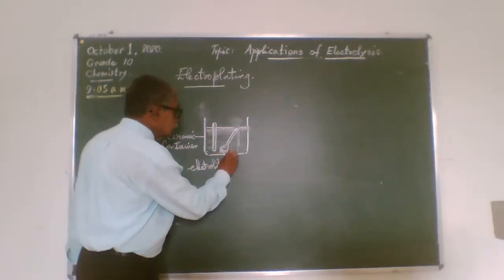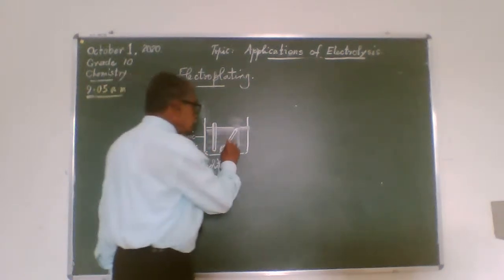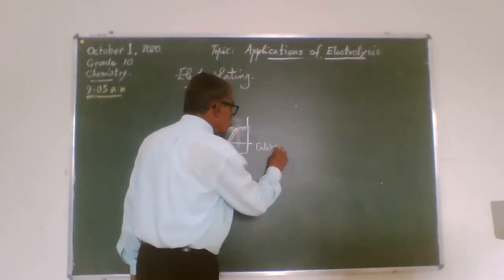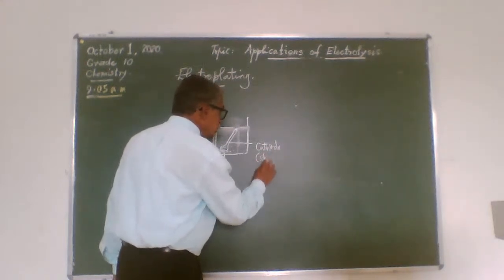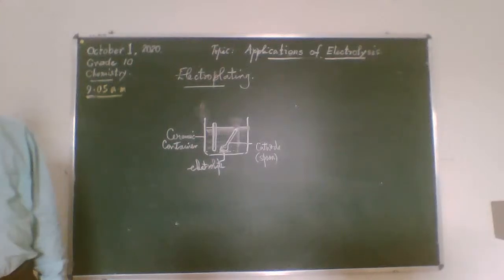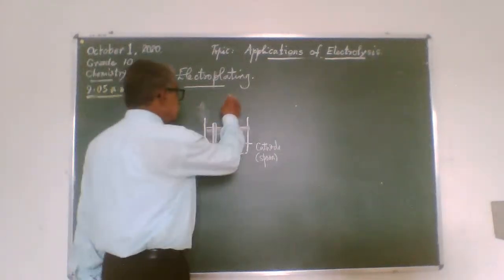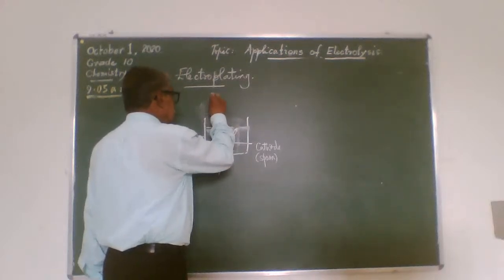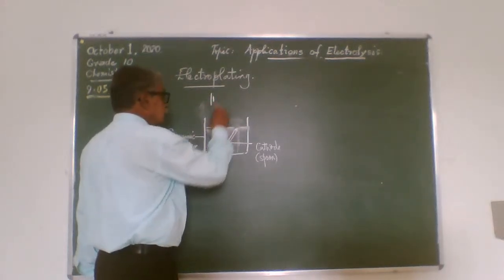The solution is the electrolyte, and the spoon is the cathode. You get it? This is connected to a battery.